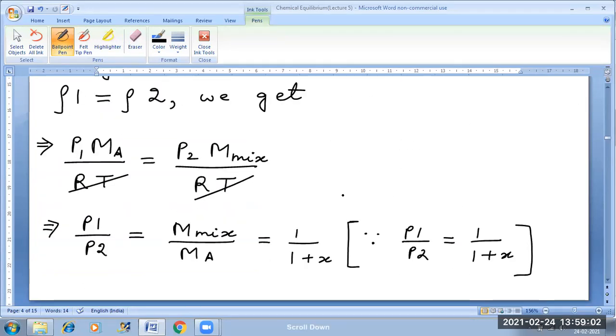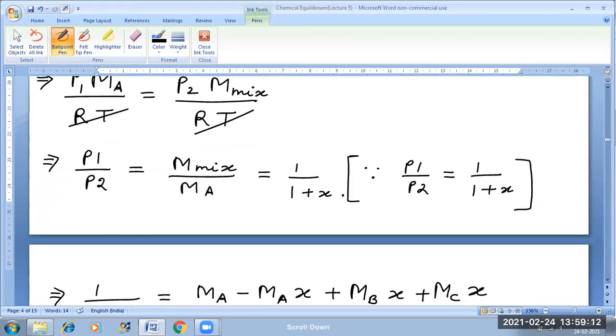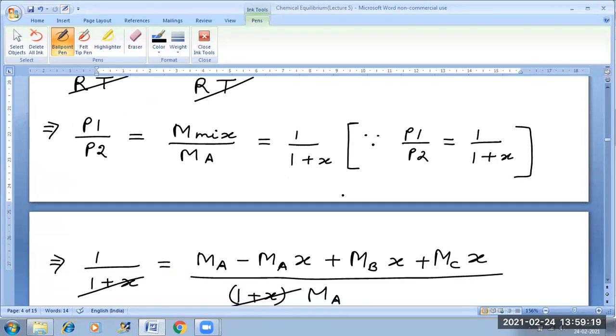So this is the relation that we'll get. So 1 by 1 plus x is equal to M mix by MA.